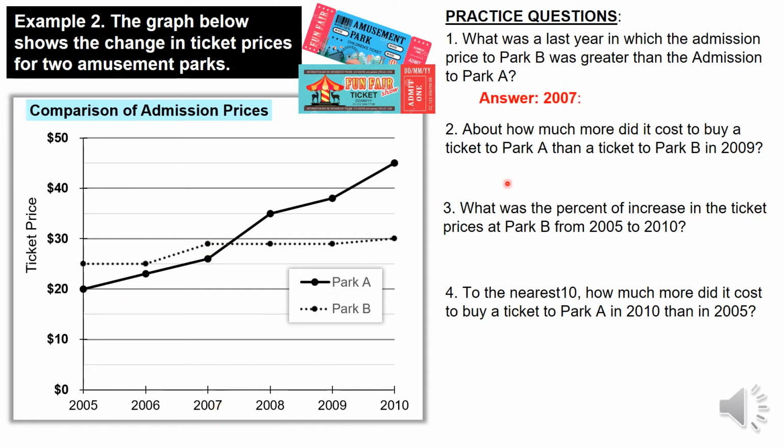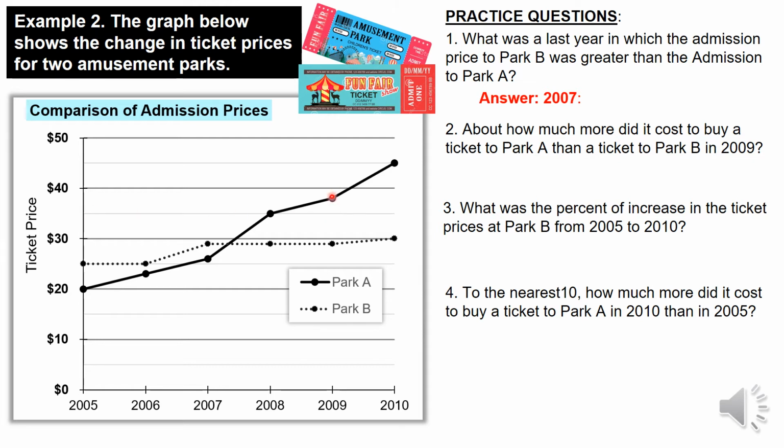So this is our answer, 2007. Number two, how much more did it cost to buy a ticket to Park A than a ticket to Park B in 2009? So we will only focus here on 2009. Since we don't have accurate grid lines, we only have to make an estimation. So this is between 30 and 40, so 35.